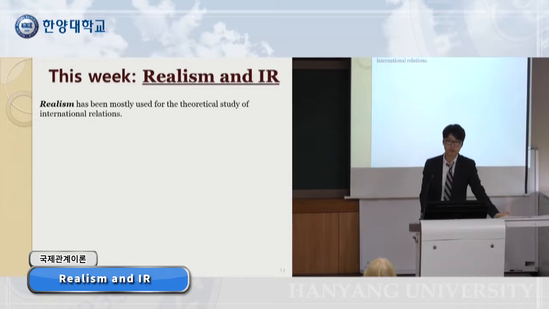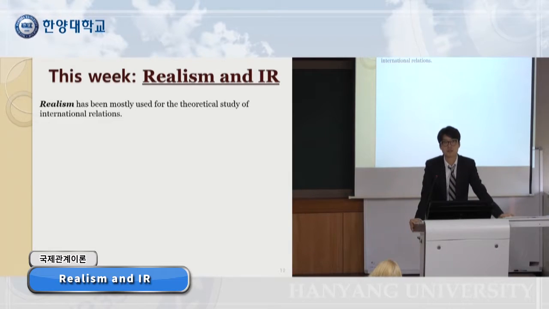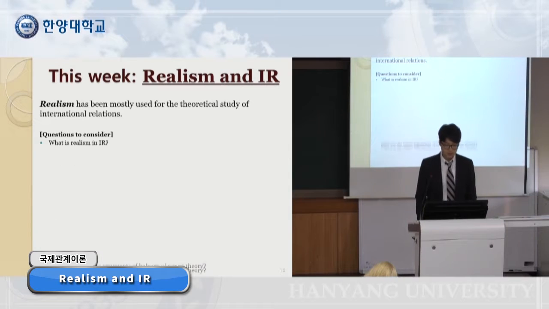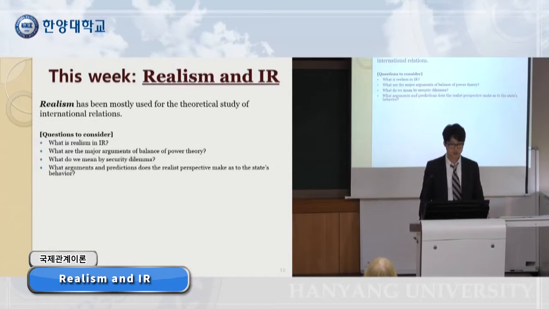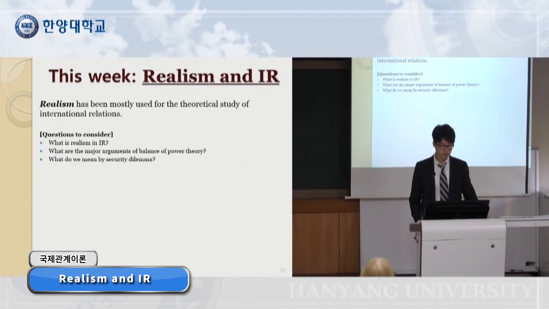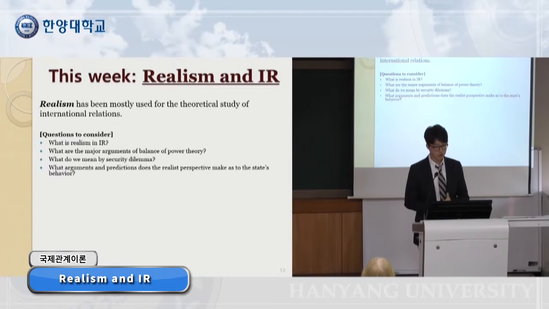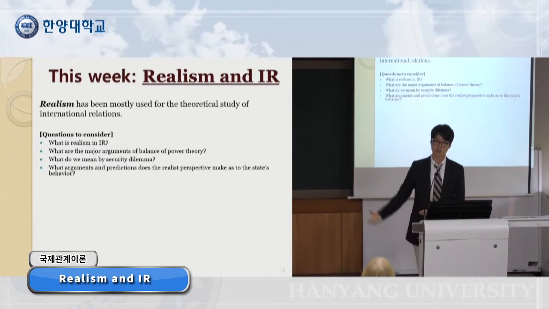So there could be many different and interesting questions that we could raise and think about, right? And these are just a few of the questions that I think you might need to consider today. For example, what is realism, and what are the core or major arguments of the balance of power theory, which is one of the representative theories under the heading of realism, right?